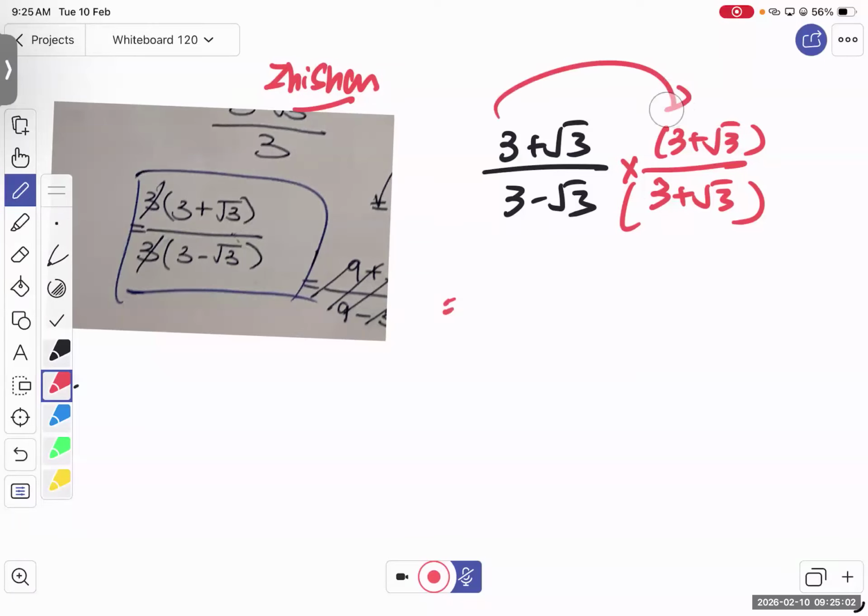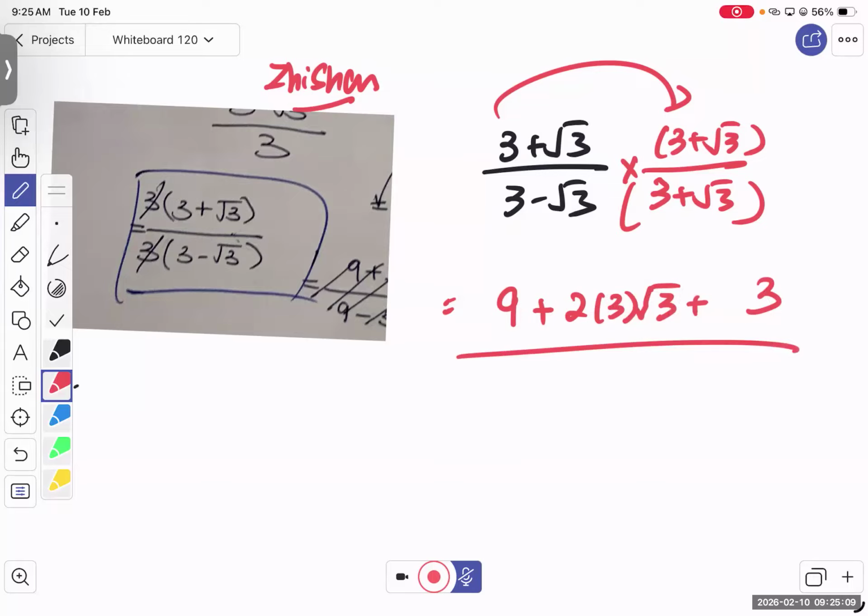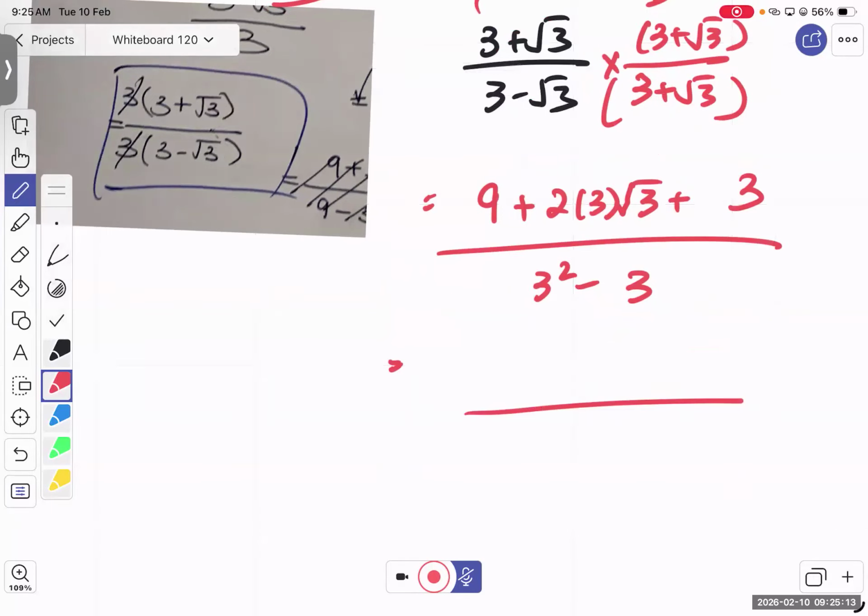Now here to here, this is A square plus 2AB plus B square over A square minus B square. The denominator is 6, that is 12, 12 plus 6 square.